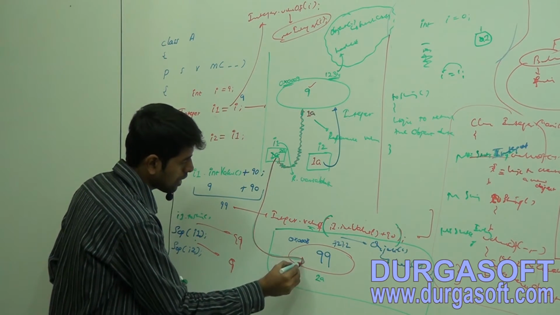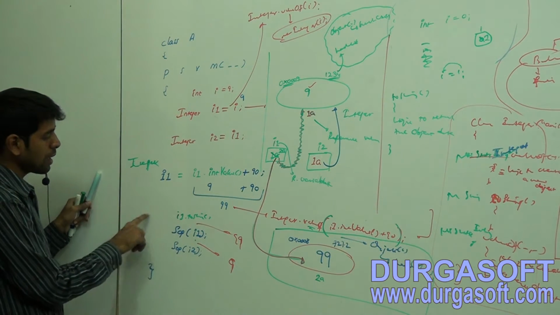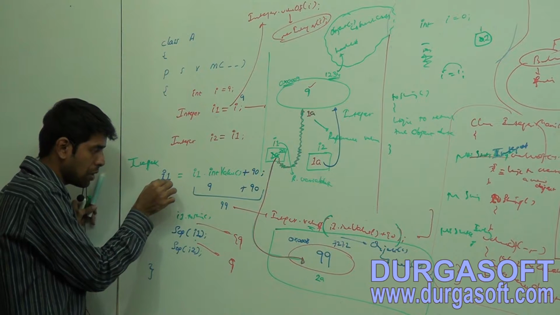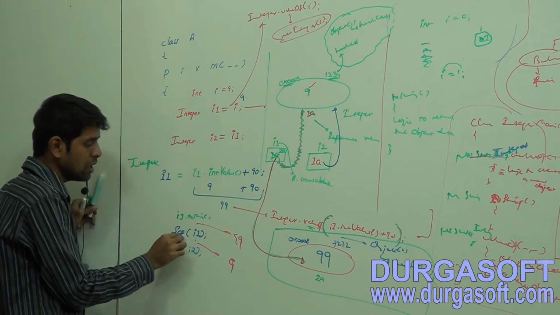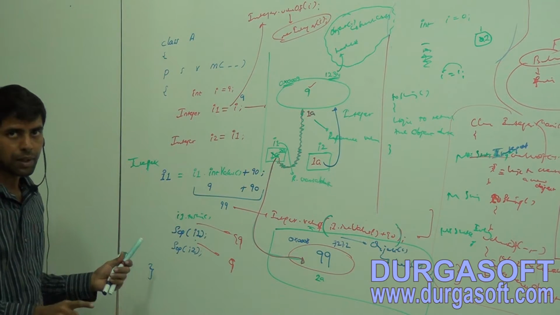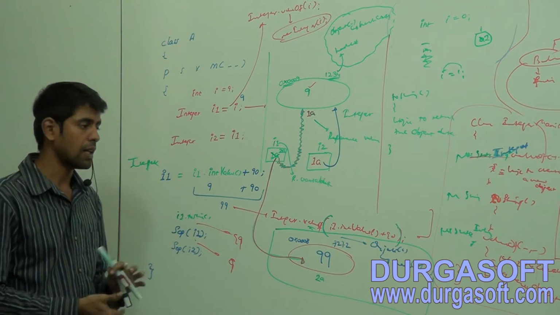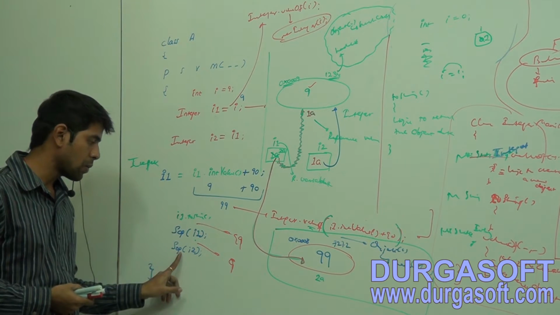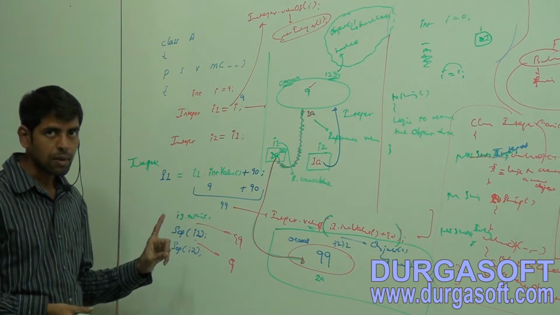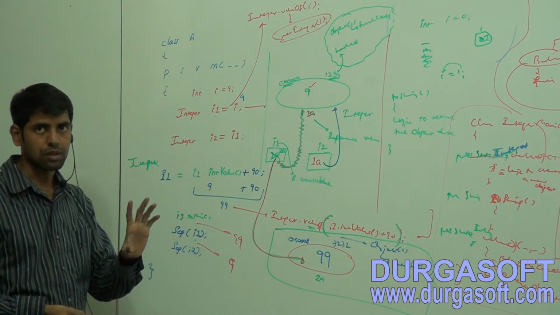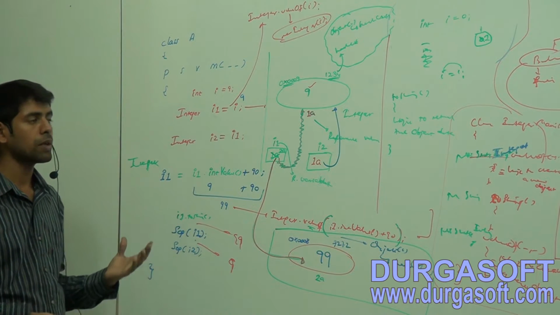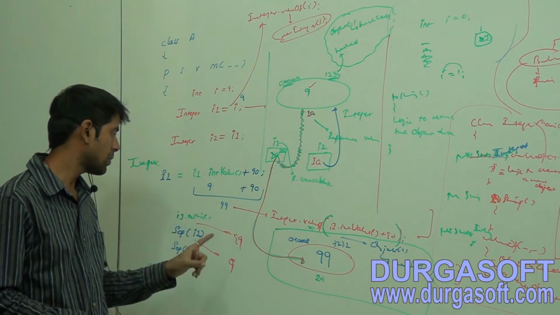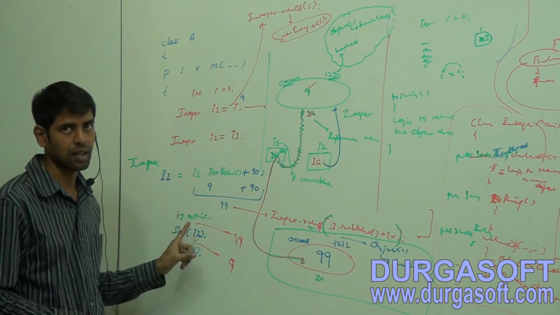Okay. Now what I am doing is passing the I1 reference variable as an argument to System.out.println, and I am passing I2 as an argument to System.out.println. If I pass any reference variable as an argument to the System.out.println method, internally the JVM calls the toString method.